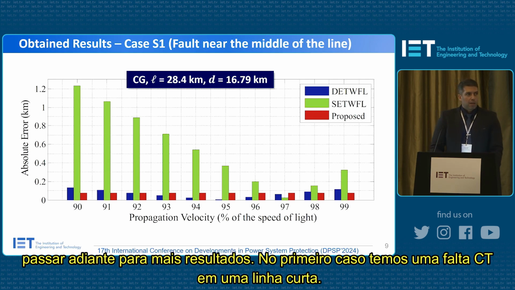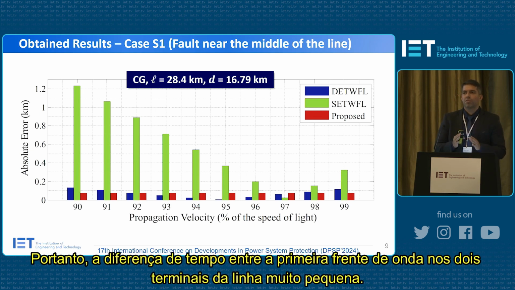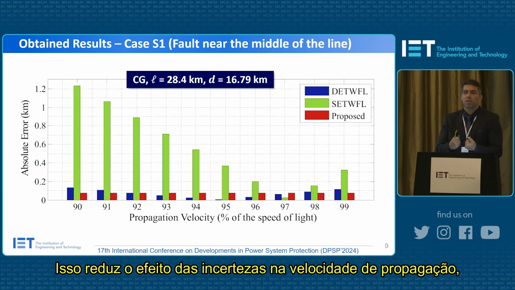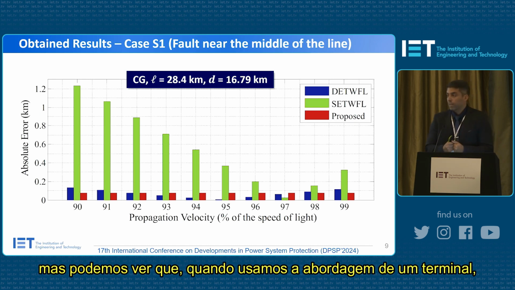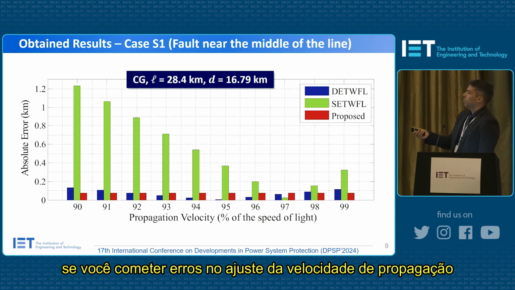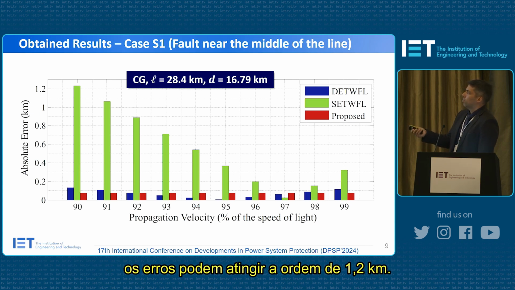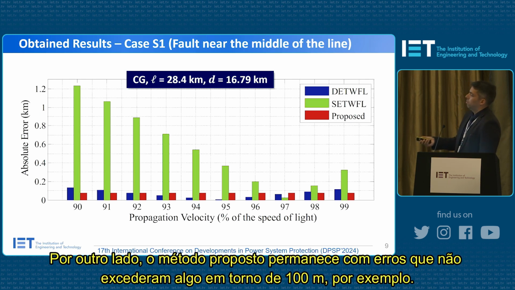In the first case, we have a CG fault. It's a short line, so the time difference between the first wavefronts at both line ends is very short, which reduces the effects of uncertainties in propagation velocity. But we can see that when we use the single-ended approach, if you commit errors in the propagation velocity setting, errors can reach the order of 1.2 kilometers, but the proposed method remains with errors that did not exceed something like 100 meters.